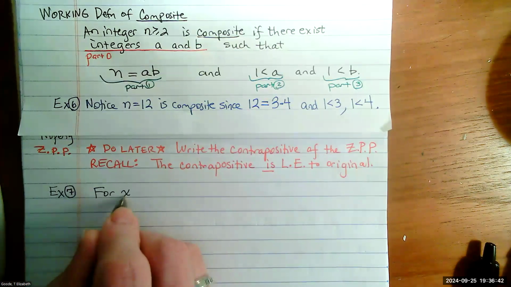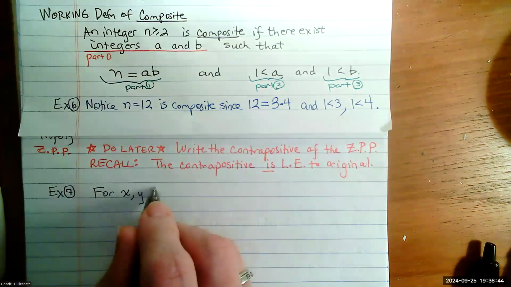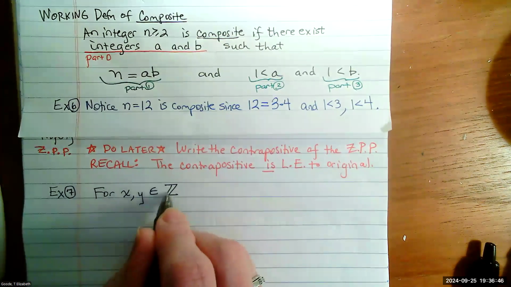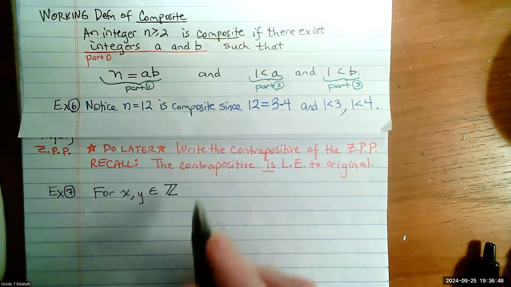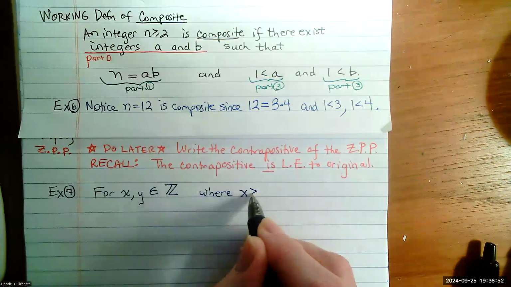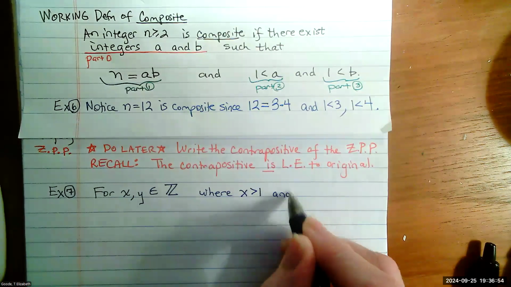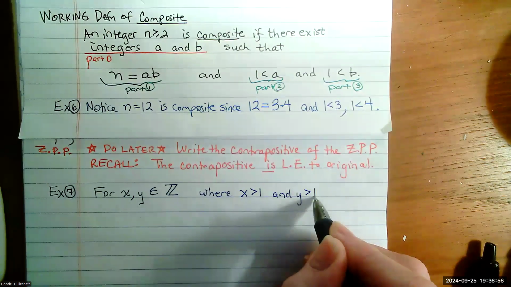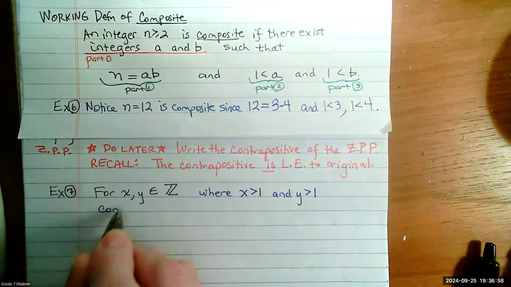For X and Y in Z, so we're looking at two integers, where X is greater than 1 and Y is greater than 1. Consider this expression.